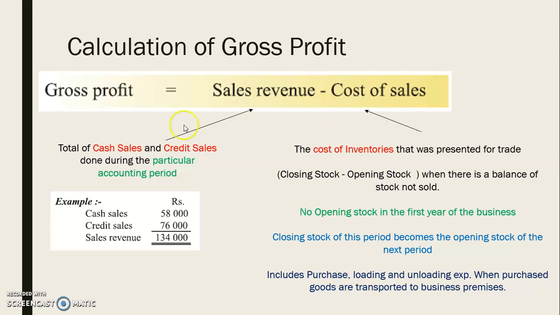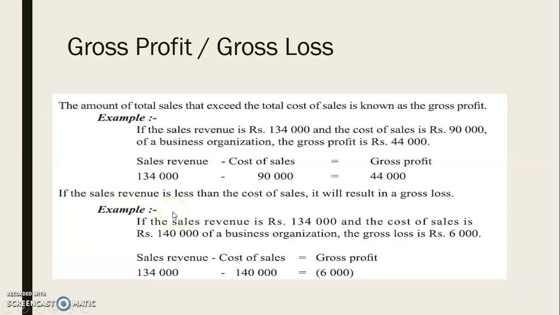Okay, so just remember, gross profit is sales revenue minus cost of sales, and the cost of sales includes the following.